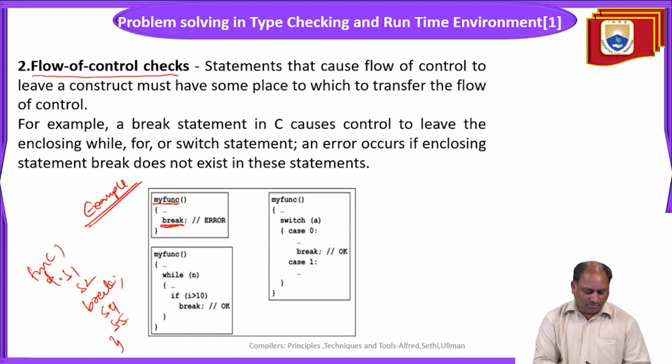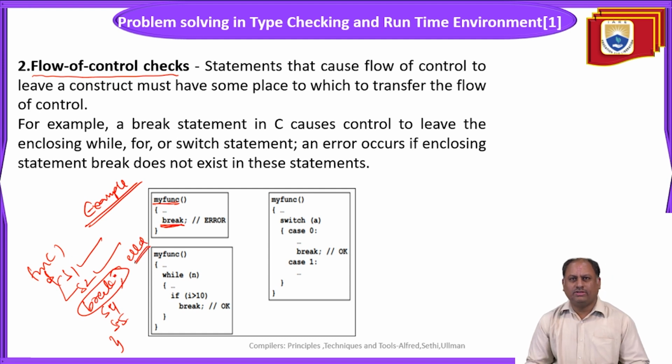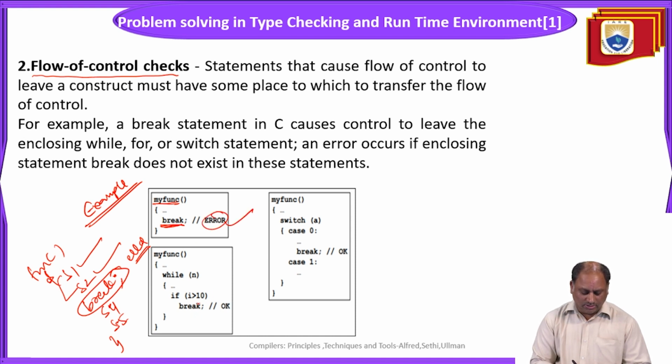While executing the function, S1 is executed, then S2, and if you perform the break, it gives an error. Why? Because this is not allowed in the case of functions.